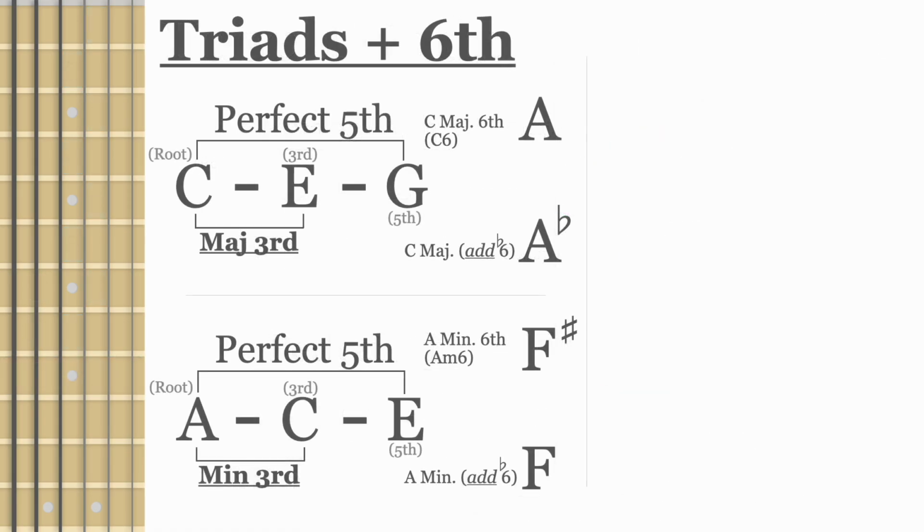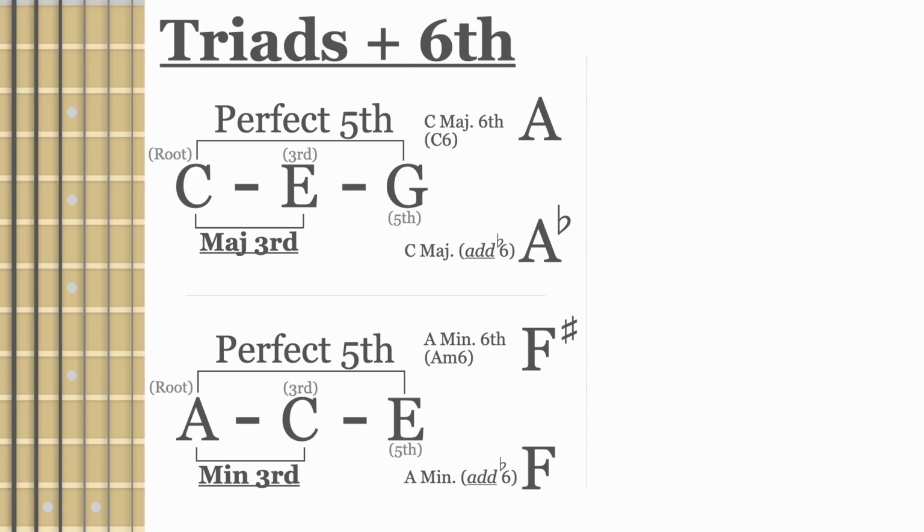And with that, here's kind of the typical notation that you'll see. The C major at the top with the major sixth, in this case our A, is usually just written C6. And so it's out there. Again, the major triad with the flattened sixth, you may hear it somewhere. We'll hear it in a little bit.